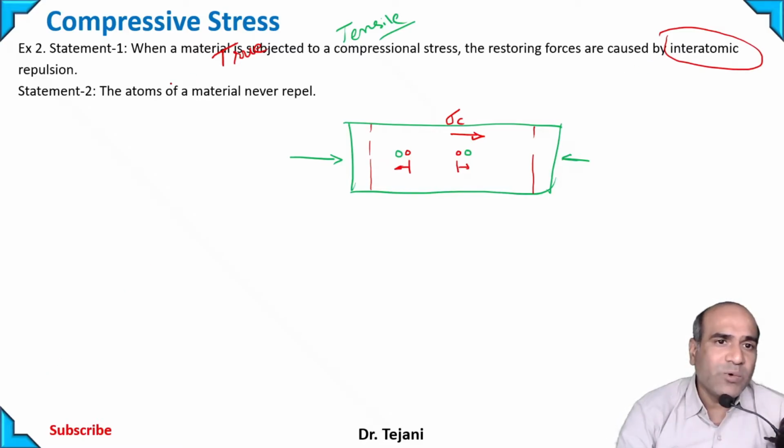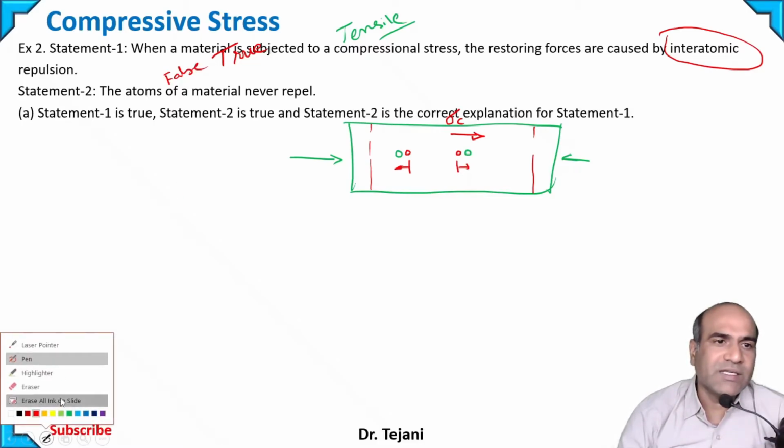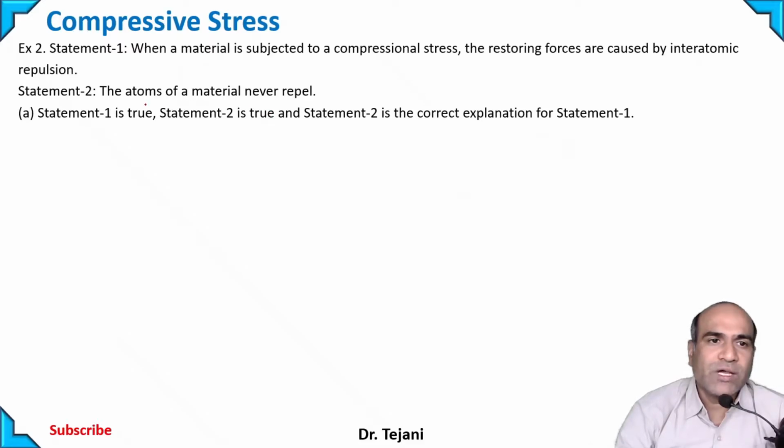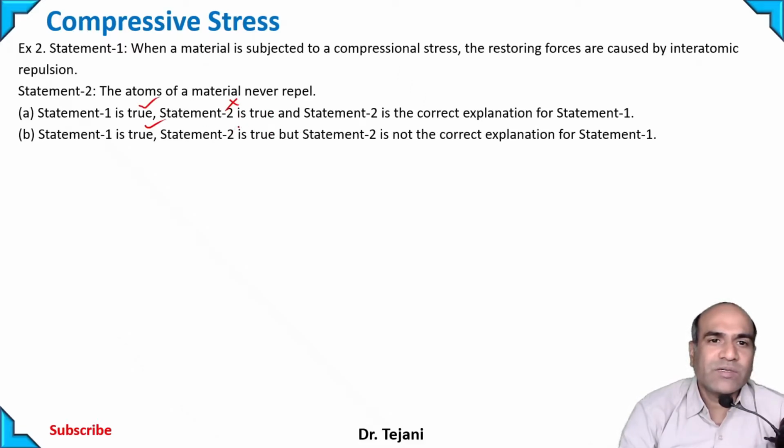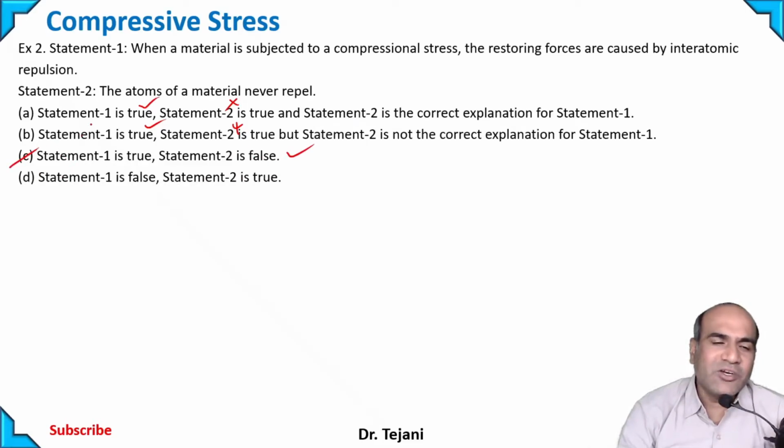So statement two is false. Let's just erase this all. Statement one is true, statement two is false. Yeah, C is correct. D need not be checked. So answer C is correct.